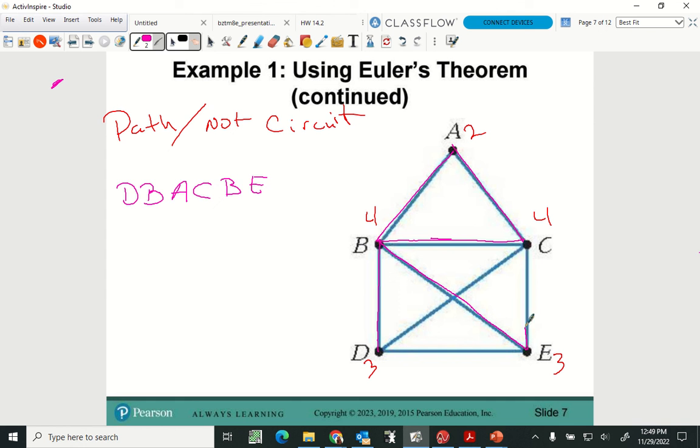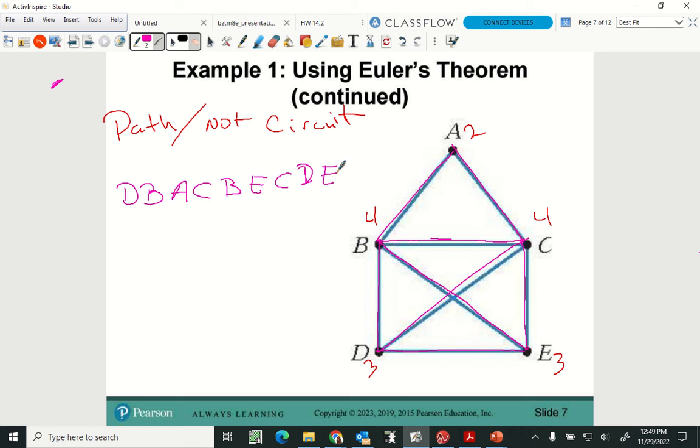C, D. And, oh, look, it did work. Out to E. So I finished at the other odd vertex. Now the D, E. There we go.